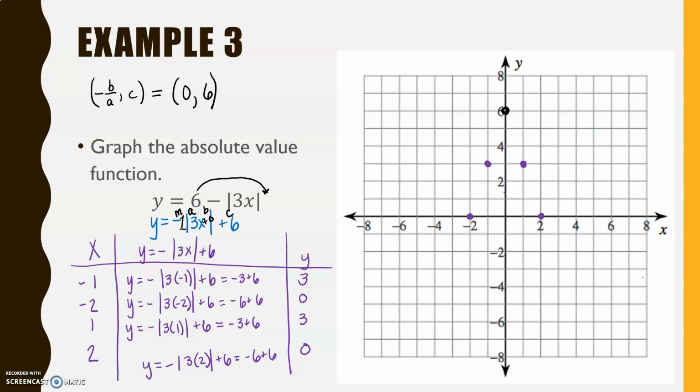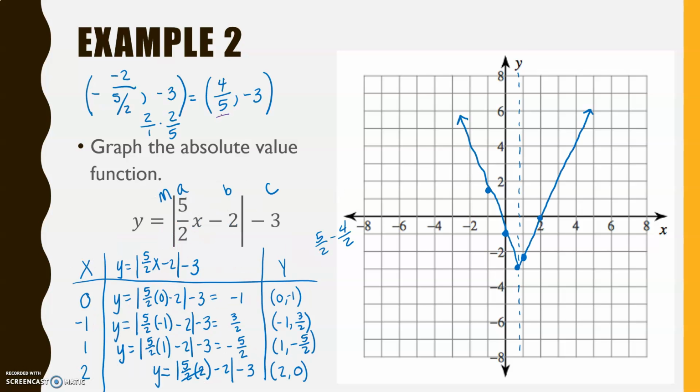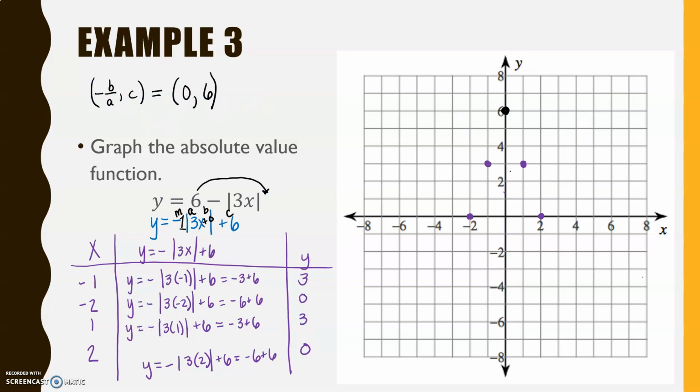Now, because my vertex had both the x and the y coordinates as integers, instead of over here where one of them was not an integer, the points should line up. So if your points didn't match, something went wrong.